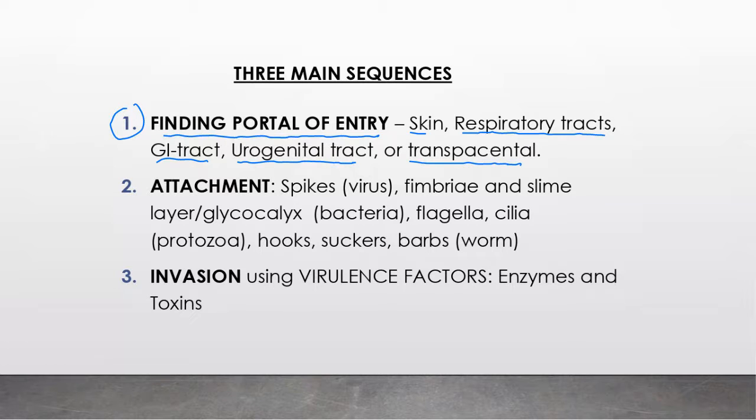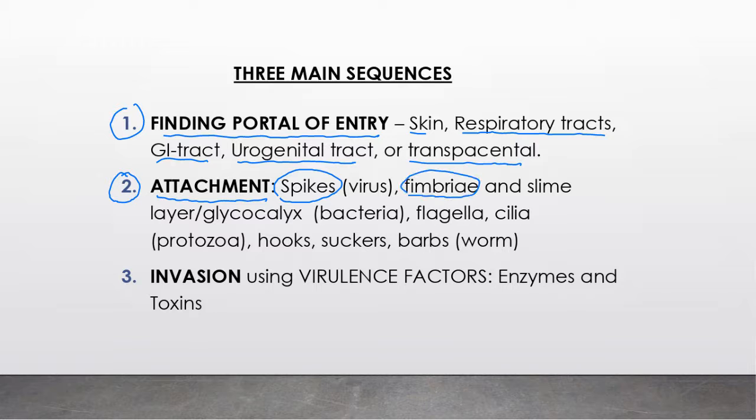After finding the portal of entry, the microbes will start to attach. So the second sequence will be attachment. Just remember, most viruses, usually the ones that have an envelope, will use spikes for attachment. Bacteria usually use fimbriae for attachment.